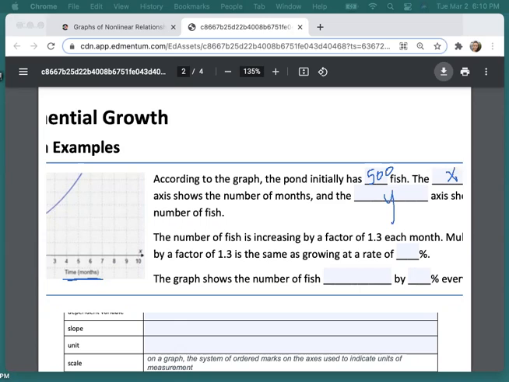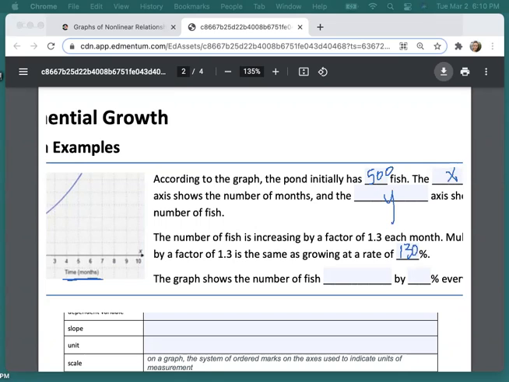Okay, so the number of fish is increasing by a factor of 1.3 each month. We are multiplying this, which is the same as growing at a rate of what? So 130%. Just multiply it by 100 to make it a percent.